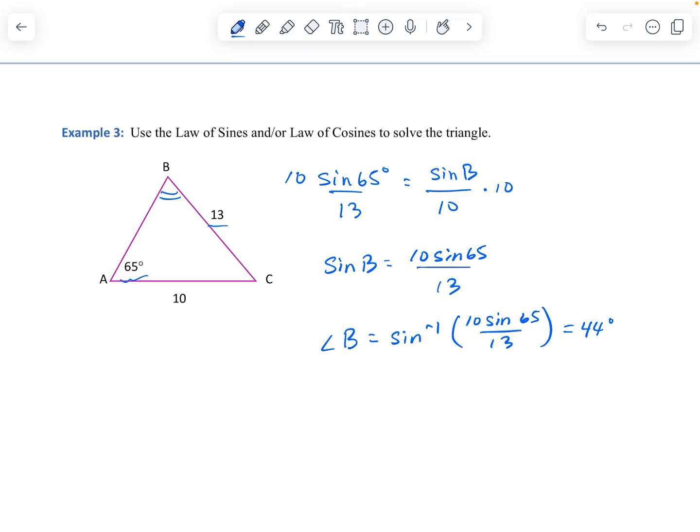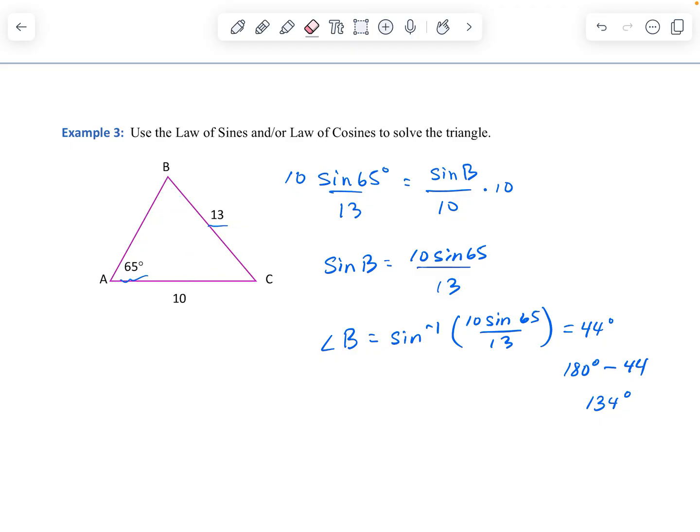Now what I'm going to do is take my 180 and subtract off 44, and that's going to give me 134 degrees. So if I were to try and make another 65 degree angle, sorry, I think I drew it wrong.